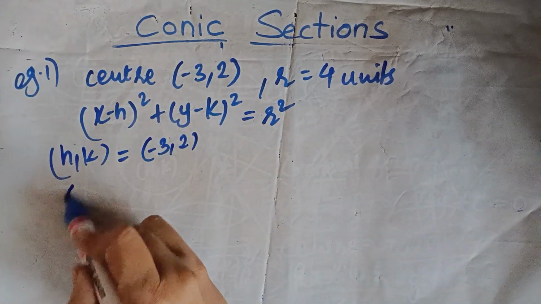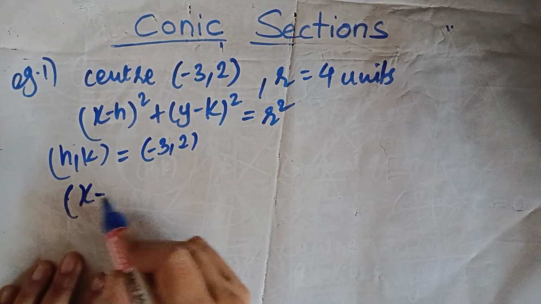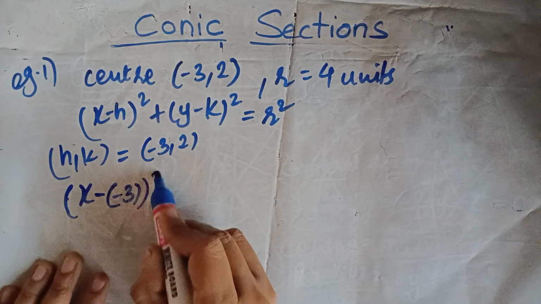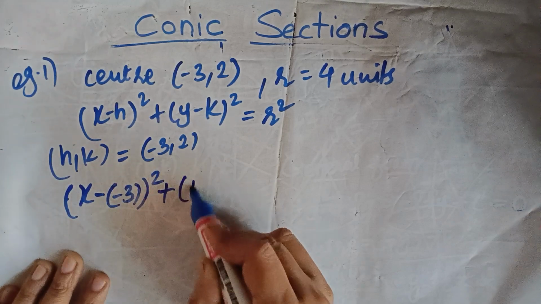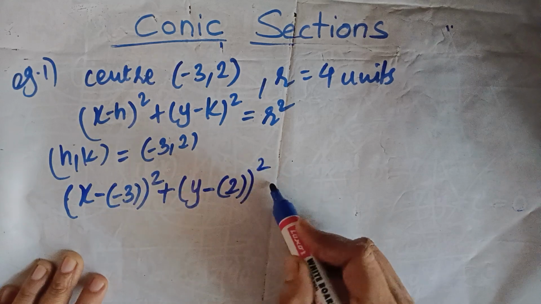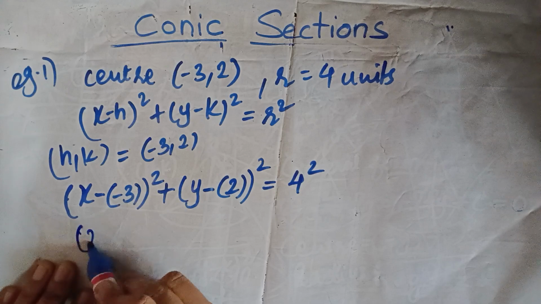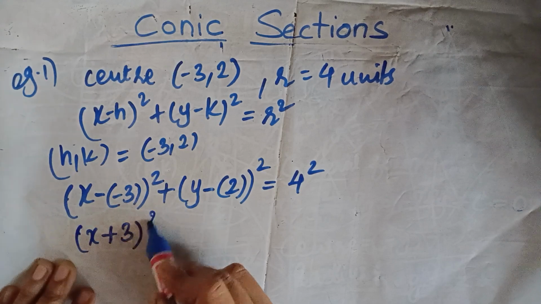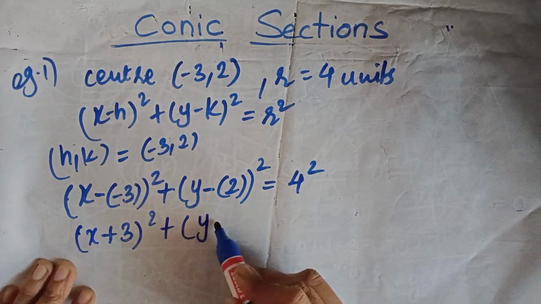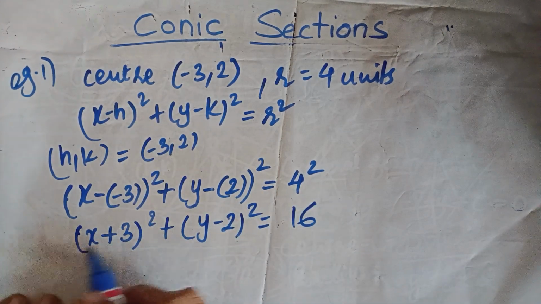Substituting in the equation, we have x minus of -3 the whole square, and so on.